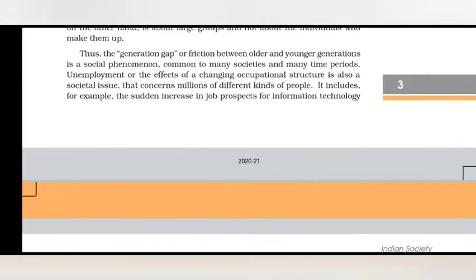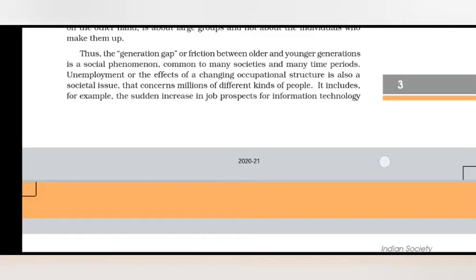Thus, the generation gap or friction between older and younger generations is a social phenomenon common to many societies in many time periods. Unemployment or the effects of changing occupational structure is also a societal issue that concerns millions of different kinds of people.